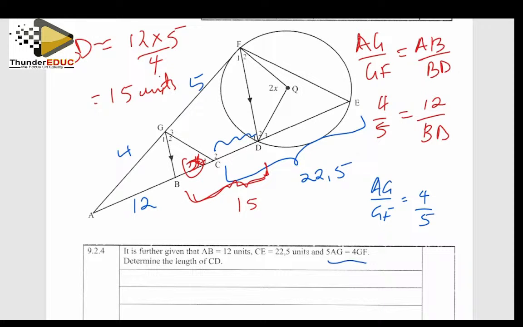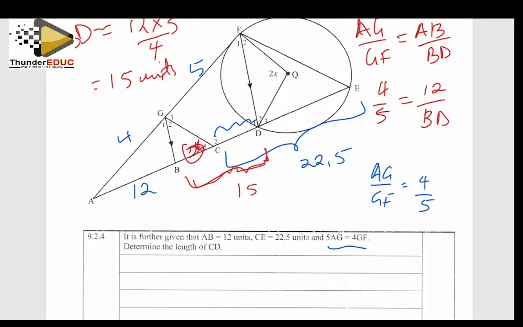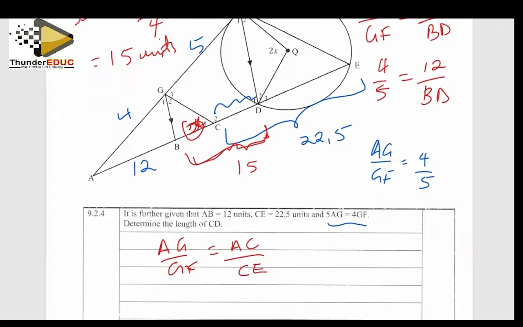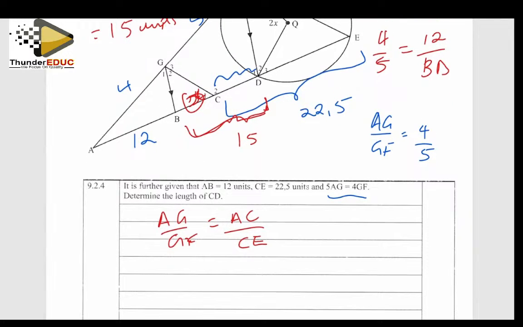Then let me look at that other triangle, the big one, where I have AG over GF is equal to AC over CE. If I do my substitution, AG over GF is 4 over 5. Our AC, I'm going to say now it's 12 plus X, over CE, which is 22.5.